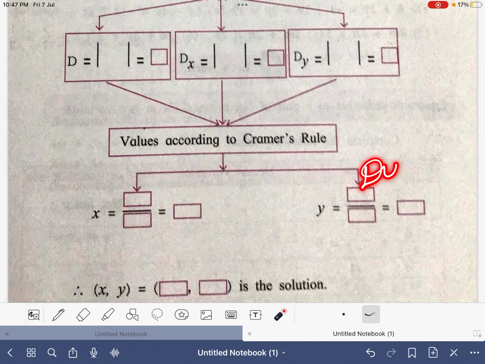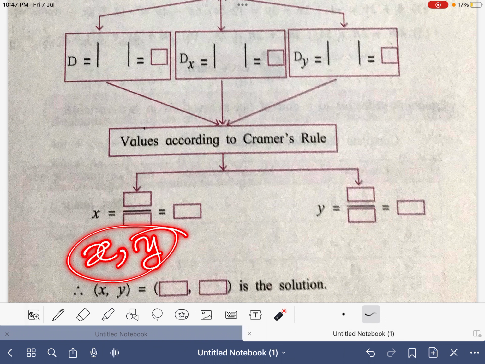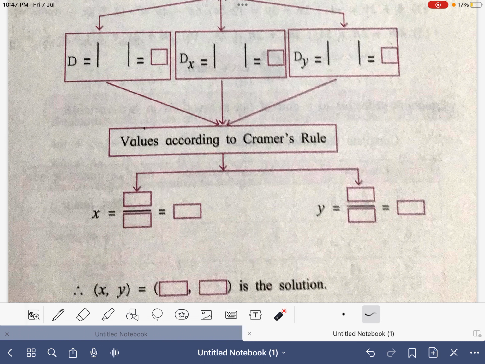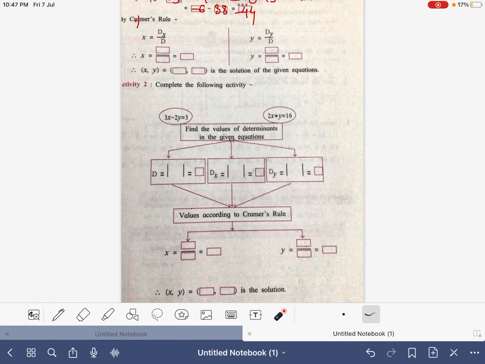Similarly, dy upon d, so calculate the value of dy upon d and put it here, so you will get the value of x and the value of y, and this is the solution for this activity. Okay, so I hope you will solve this as practice or as homework.